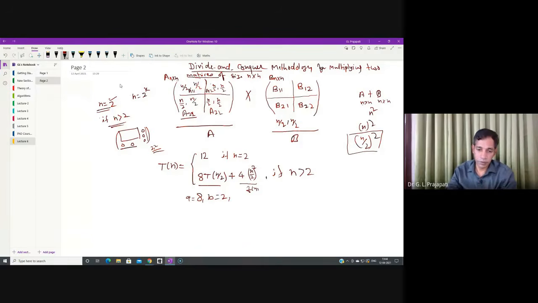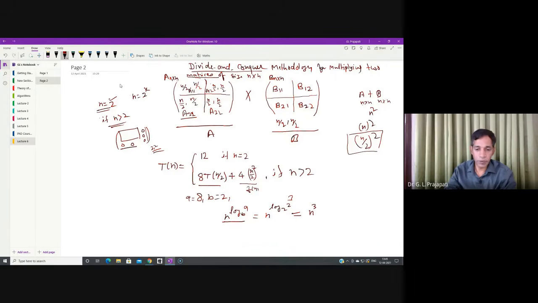So you can compute n raised power log b a, and when you compute n raised power log b a, you see that b is 2 and a is 8. 8 can be written as 2 raised power 3. Once you write like this, then you are having the answer n cube. So n raised power log b a is n cube, and f of n is n squared.